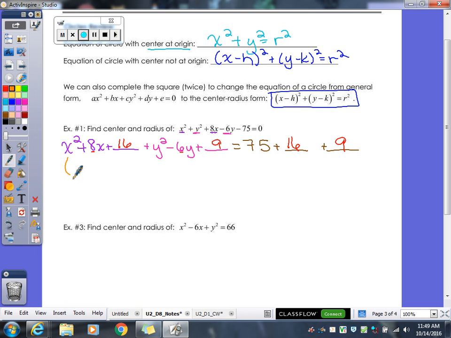So now we factor. So I would get x plus 4 squared for my x's. How would our y's factor? Yeah, I heard somebody say y minus 3 squared. And then what do we get for equals what? Equals 100.